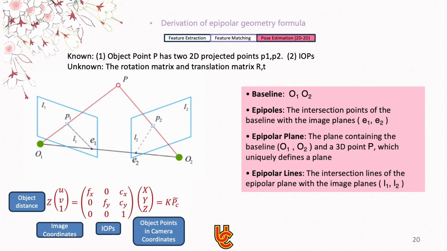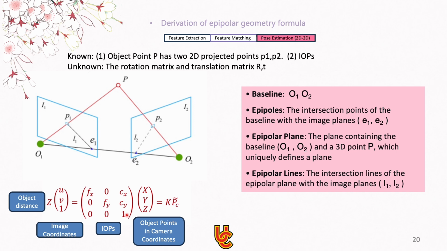This formula is very familiar to us, right? It's called the collinearity equation in our class. But here it is different. You can tell that the intrinsic matrix here has 4 unknowns: fx, fy, cx and cy. But for what we have learned in class, it only has 3 unknowns, right?